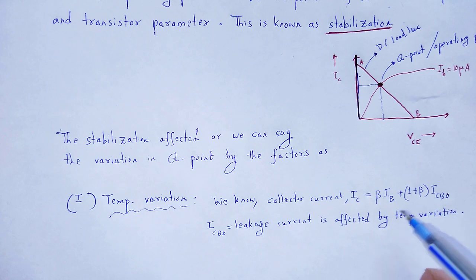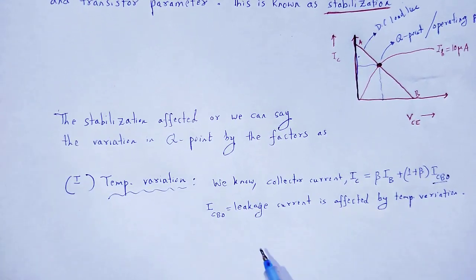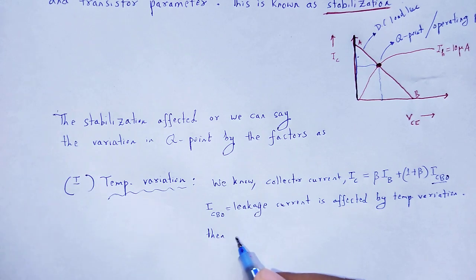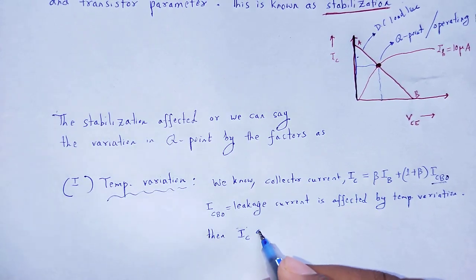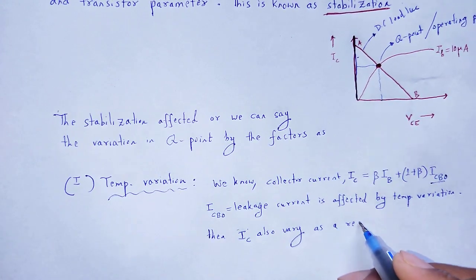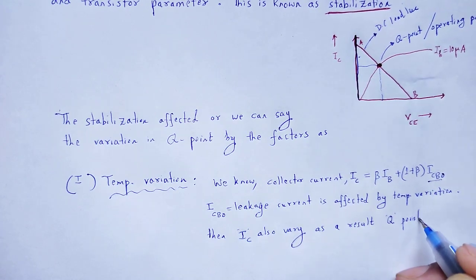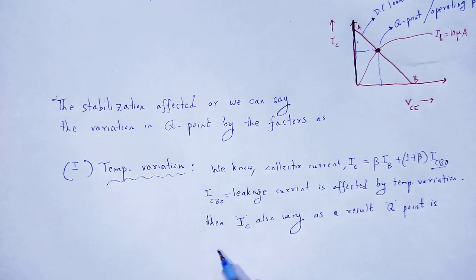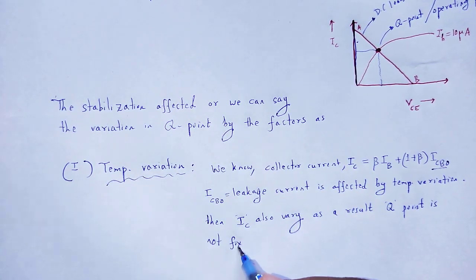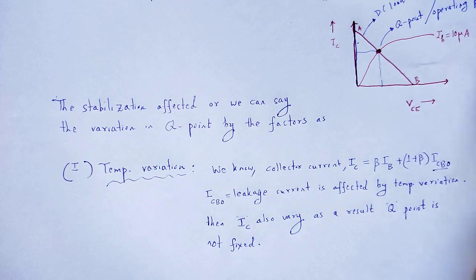If that leakage current varies with temperature, then IC is affected, then IC also varies. As a result, the Q point is not fixed. So, temperature variation is a cause that affects the variation in Q point.